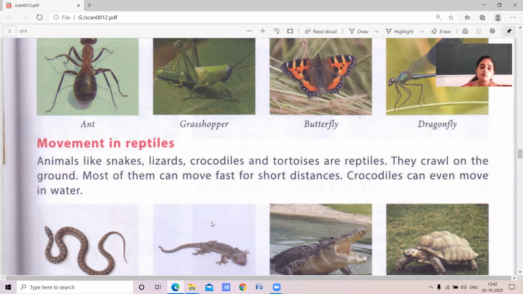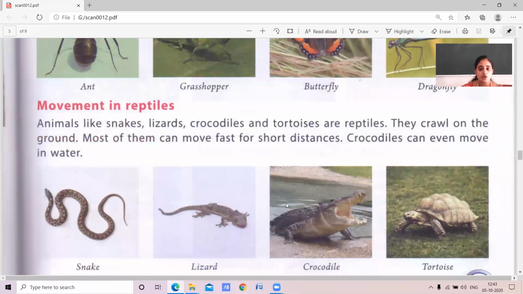Animals like snakes, lizards, crocodiles, and tortoises come to the group of reptiles. They crawl on the ground, so that's why we call reptiles crawling animals, children.